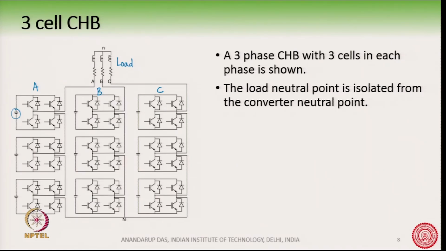So, all of them are fed from isolated DC sources. We will see how these isolated DC sources are made. You can have more than 3 cells, you can have 4 cells, 5 cells, 6 cells like that, and you can then have a generalized n cell cascaded H bridge.